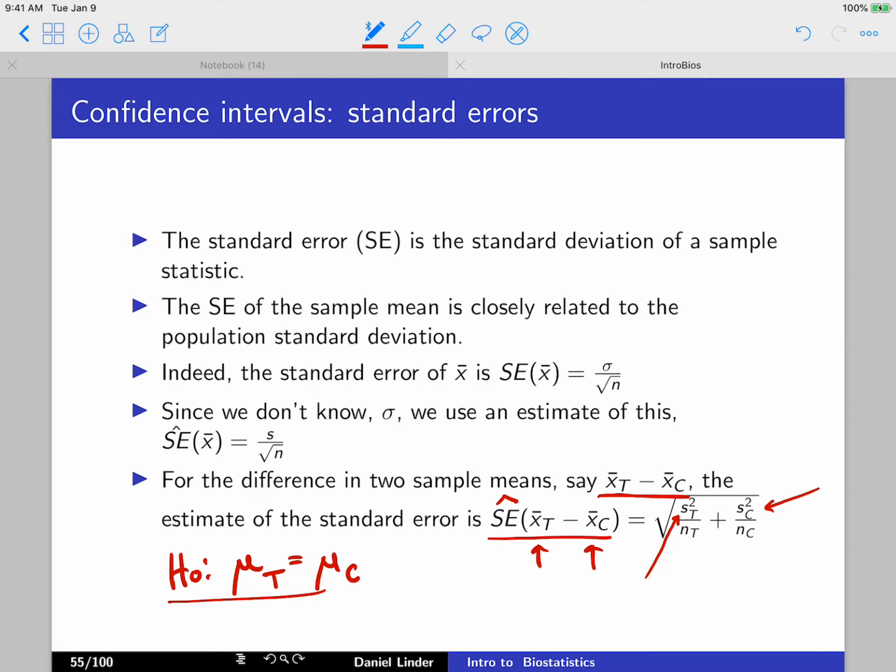If I didn't want to put a hat, I would just rewrite something like this: the standard error of x bar t minus x bar c would be something very similar, but it would look like this: sigma t squared over the number in the treatment group plus sigma c squared divided by the number in the control group. Okay, but the moment that I replace these population parameters, these sigmas, with s's, then this guy needs a hat.